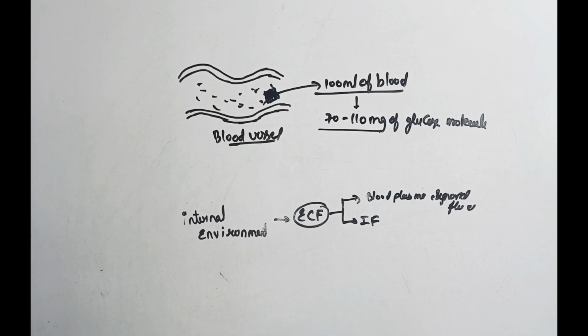So what happens when the glucose is less than 70 or more than 110 milligrams in 100 ml of blood? Your internal environment is changed and there are many health problems.